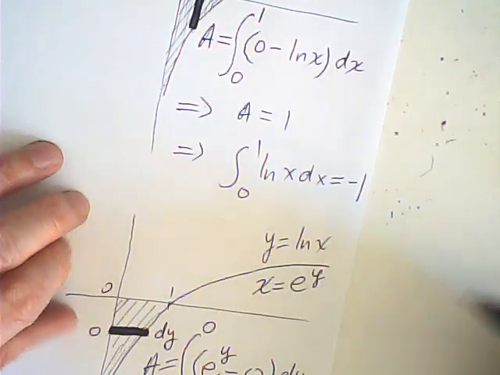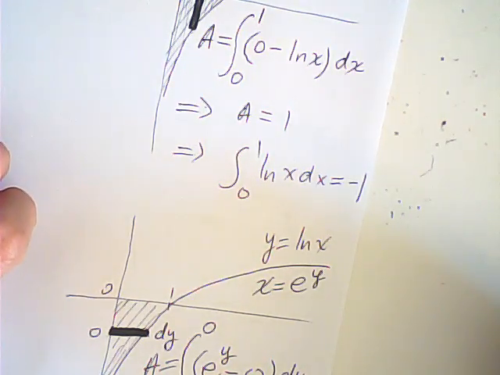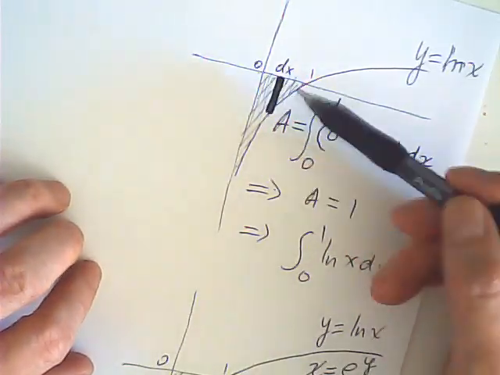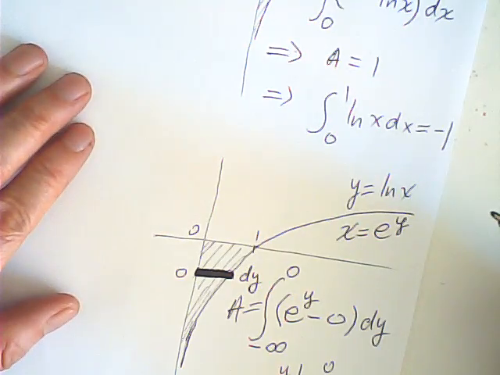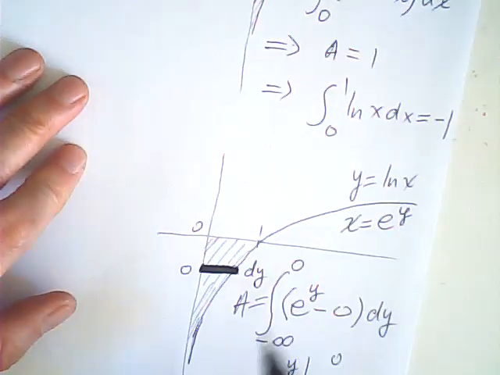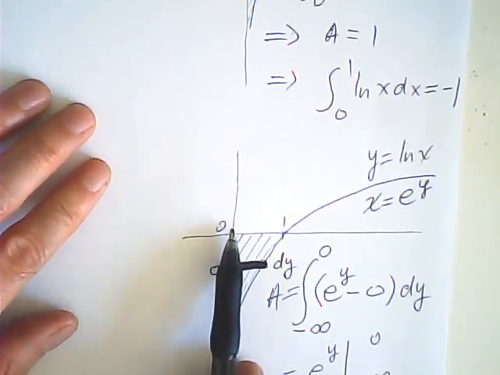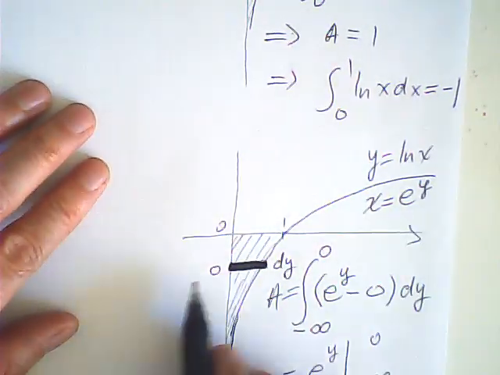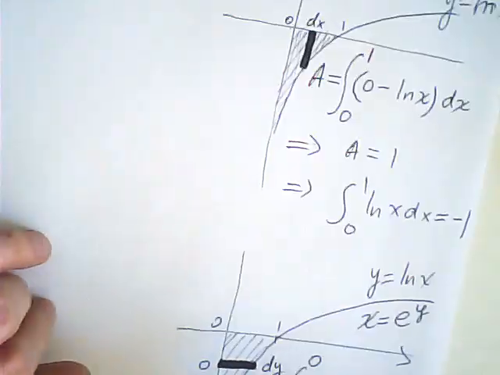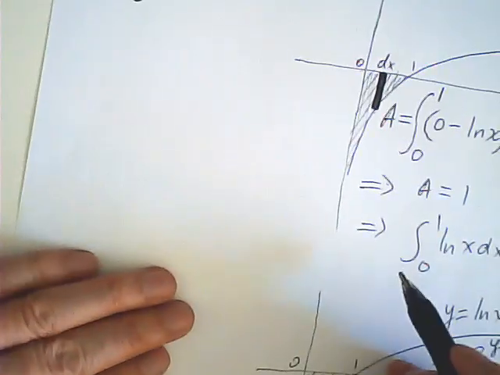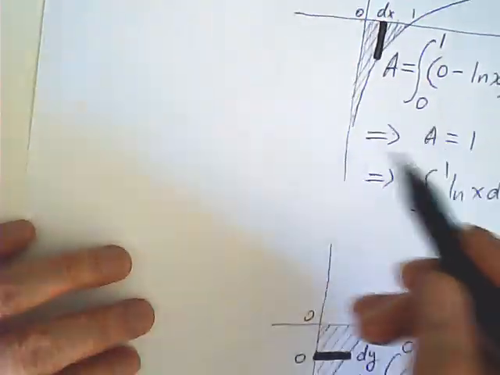See, it's done. Yeah, the area is below the x-axis, so the area is negative. Okay, but if we consider that way, the area to the right of the y-axis is positive. Now that is one way, and we can do the other way.